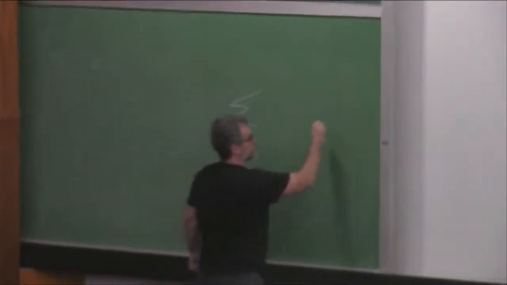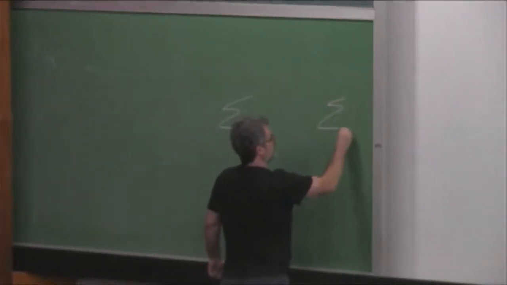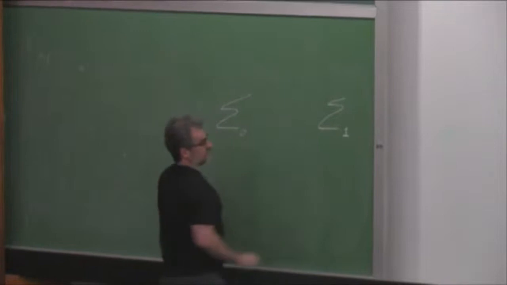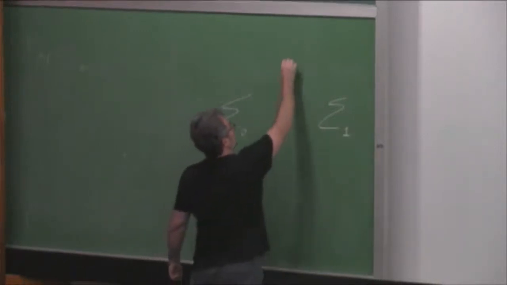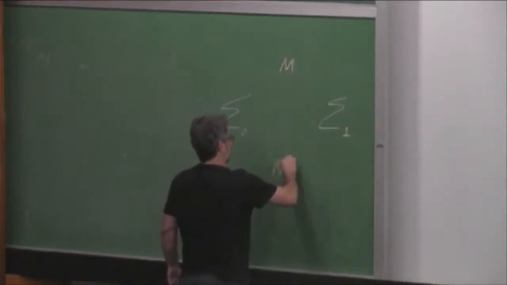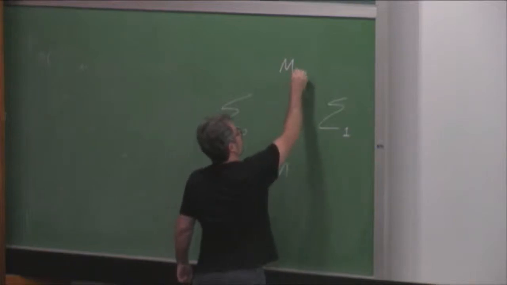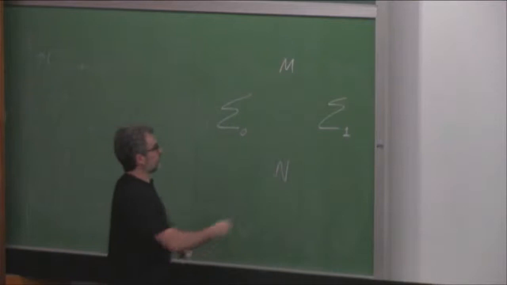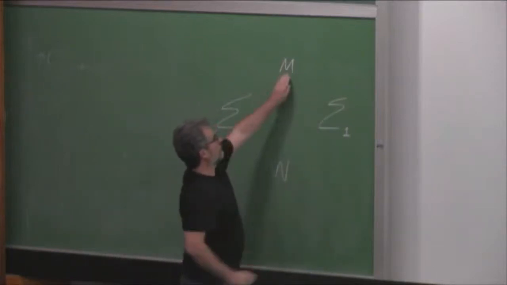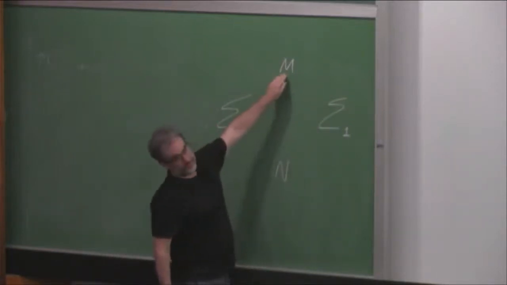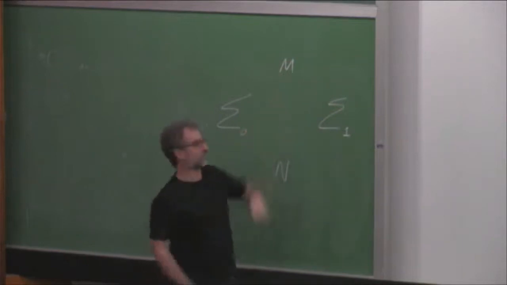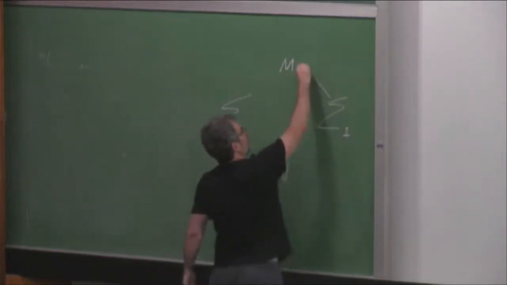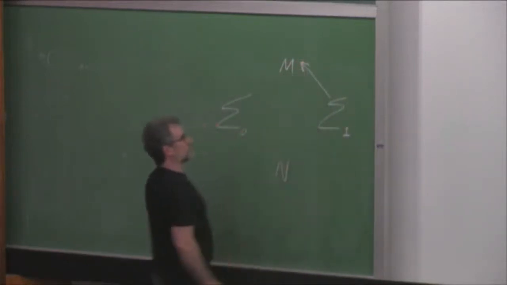So then I have sigma 0 here, and I have sigma 1 there, and let's say that I have two manifolds that are cobordisms, N here, meaning that I have a component of the boundary of this manifold which is outgoing, okay? And then I have a diffeomorphism from sigma 1 to this component of the boundary.